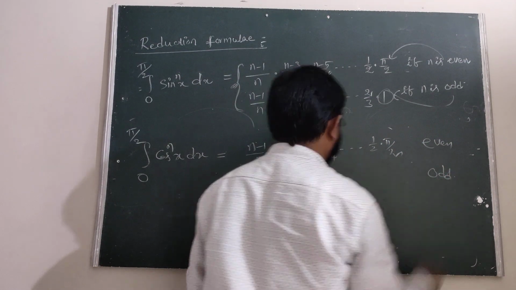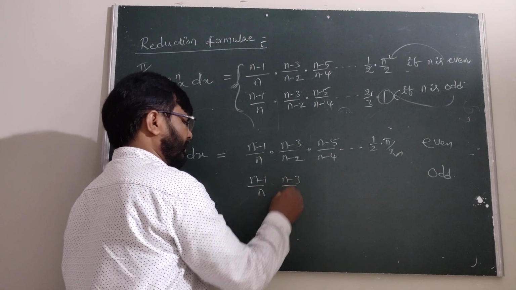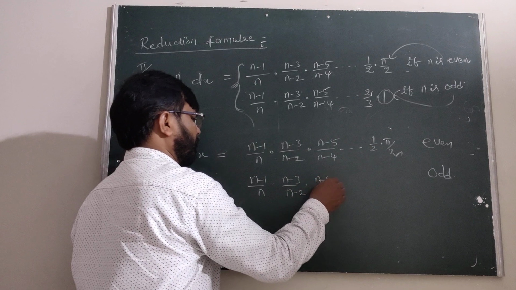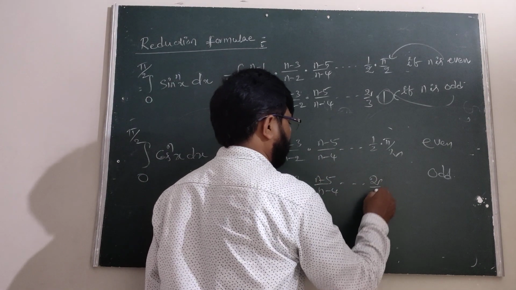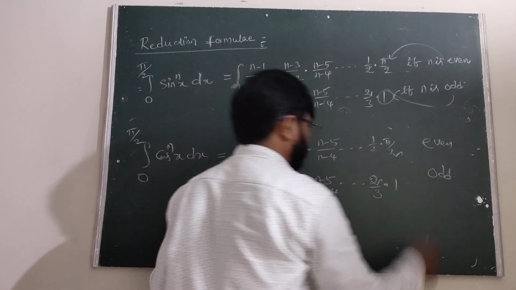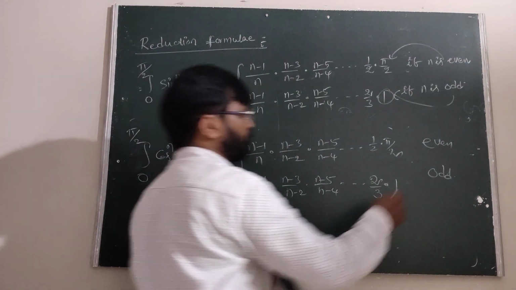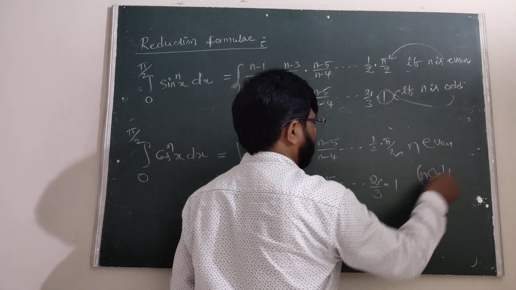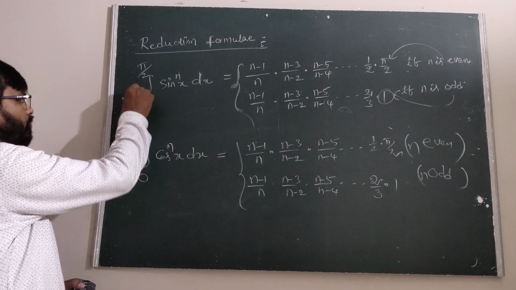If n is odd, we can write the same, (n minus 1)/n times (n minus 3)/(n minus 2), times (n minus 5)/(n minus 4), finally we get 2 by 3 into 1. This is for n odd, and that is for n even. Okay, these are also the same formulas.